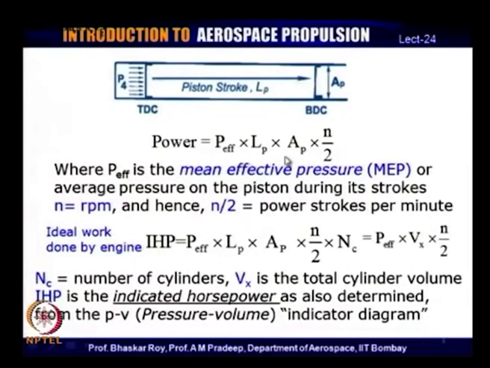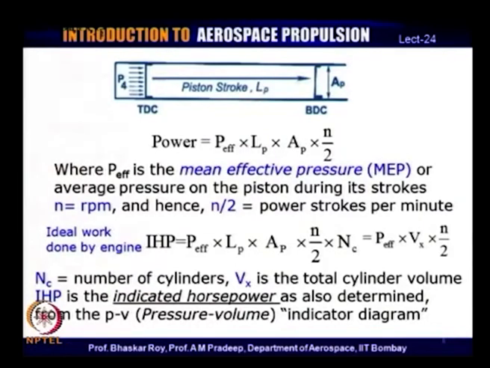So, these parameters put together, L_P into A, that of course is the volume through which the piston is displaced. So, that is the displacement volume of the piston, and as I mentioned earlier, it is often referred to as one of the specifications of every engine, and that is multiplied by the pressure. That of course gives you the force, and that into the rotation gives you the power per unit time.